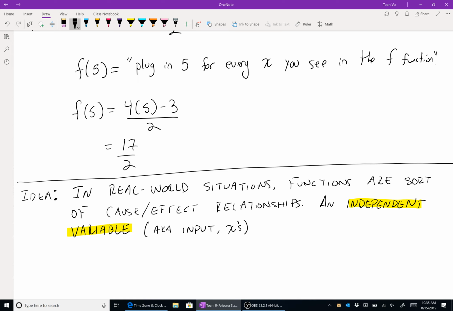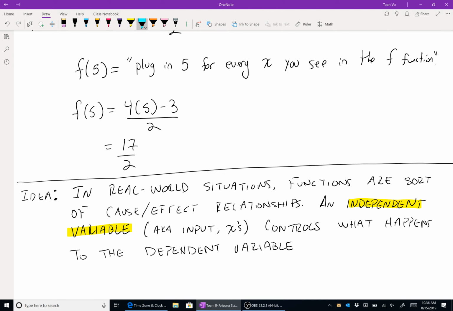And the independent variable is just playing the role as the input or the x values. The independent variable controls what happens to the dependent variable. And that's the other vocab word, dependent variable. And the dependent variable is playing the role as the output, which are your y values.